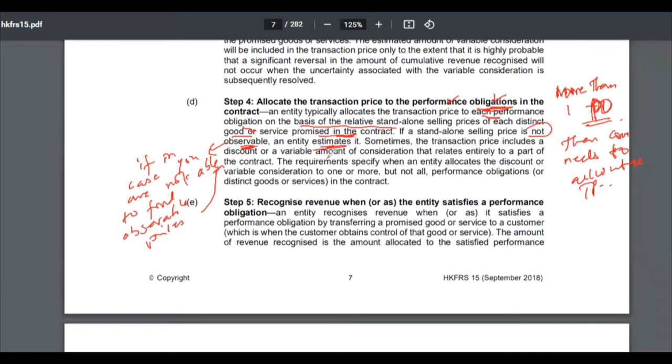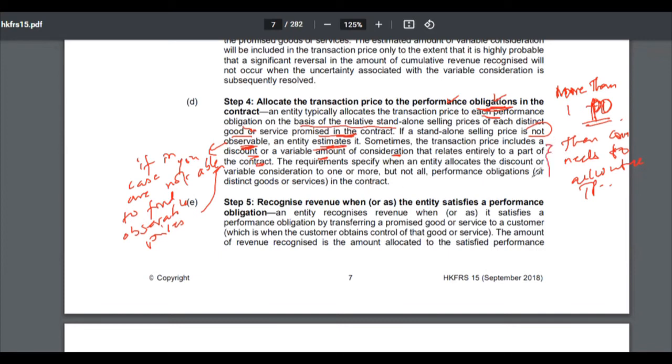Sometimes the transaction price includes a discount or variable amount of consideration that relates entirely to a part of the contract. The requirements specify when an entity allocates the discount or variable consideration to one or more, but not all, performance obligations or distinct goods or services in the contract.